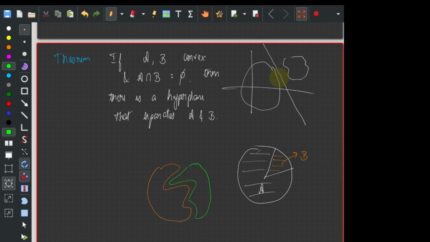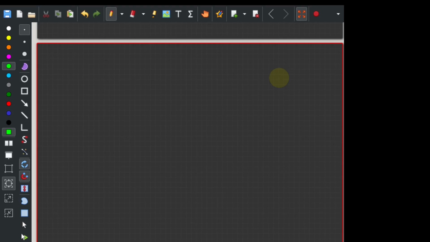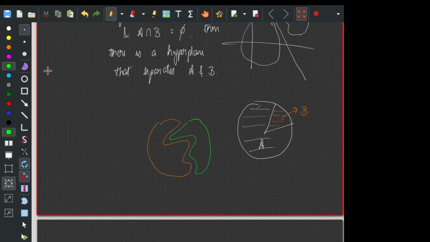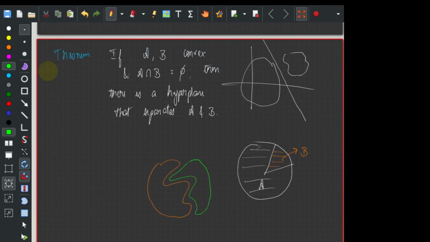All right. But what this is helpful with is the following property. Before that, the statement says that if you have two convex sets which don't intersect, then there exists a hyperplane that separates A and B. Then there exists a separating hyperplane.